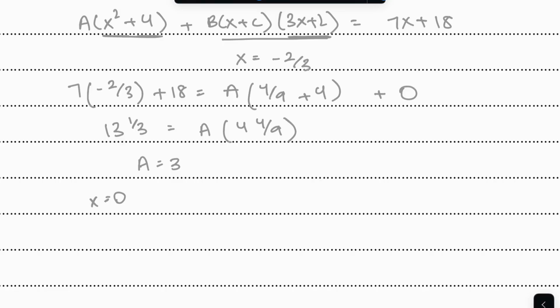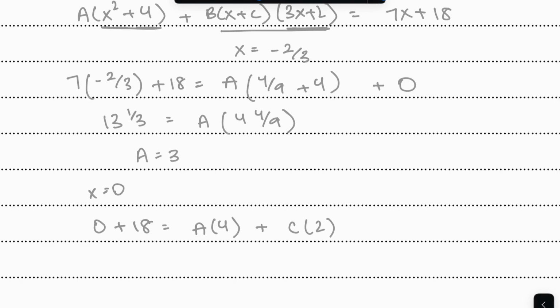If we take x as 0, 7x becomes 0, plus 18 is equal to a times 4, plus bx will also become 0, and so we'll have c times just 2 because 3x will also become 0. So we have 18. A we already found is 3, so 3 times 4 is 12 plus 2c, and we get 2c is equal to 6, and so c is equal to 3.